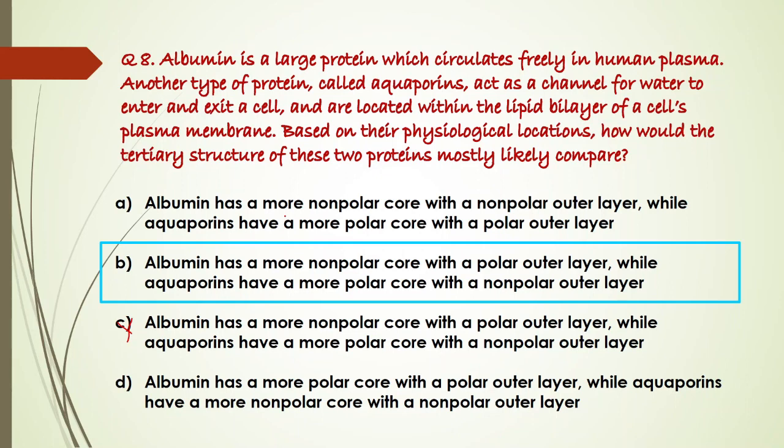So whenever a protein has to interact with the membrane and stay stable there, that means it is interacting with the lipid bilayer. So the outer surface should comprise non-polar things because, just as we discussed, a lipid bilayer means you have a very non-polar surface in the middle. So your protein has to have non-polar residues on the outer layer to properly interact with the membrane, and then it will have some polar residues inside its core through which the water molecules will pass.